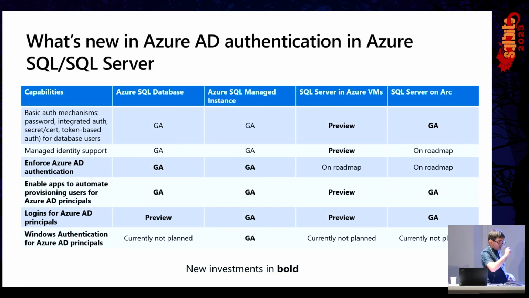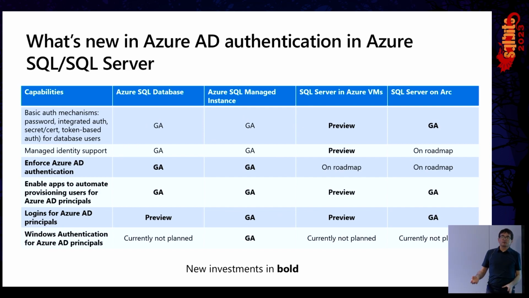Double-clicking on these new capabilities and this journey, as I said, the first two rows are about what is probably the most important, which is bringing Azure AD to SQL Server VMs and SQL Server on Arc, but we also have at least four other new items we'll be demoing and talking about in the rest of the session.